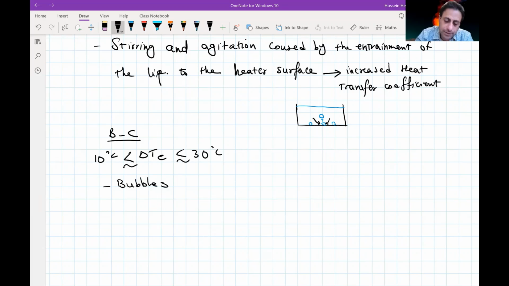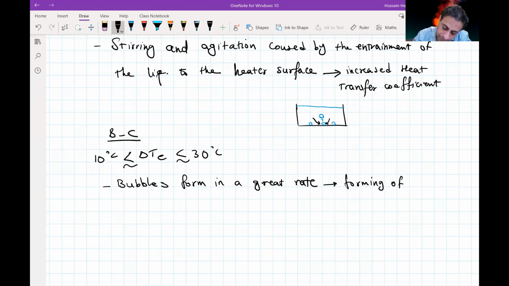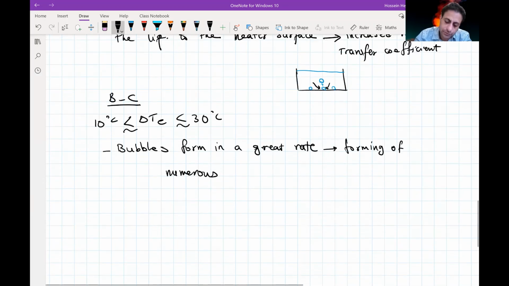Bubbles form at a great rate, so high that we have numerous continuous bubbles or columns of vapor in liquid.